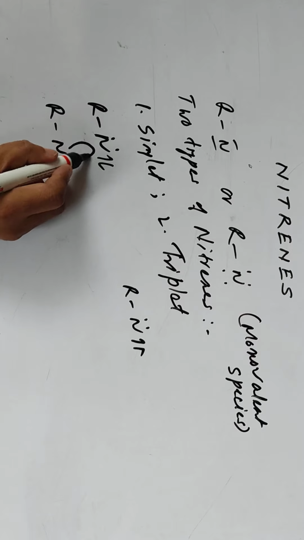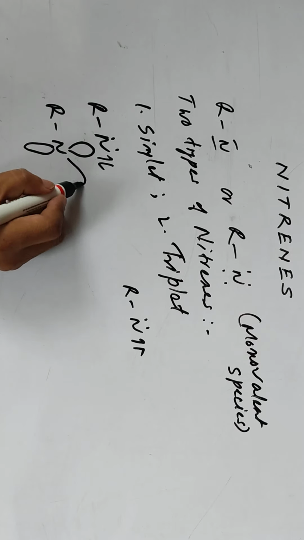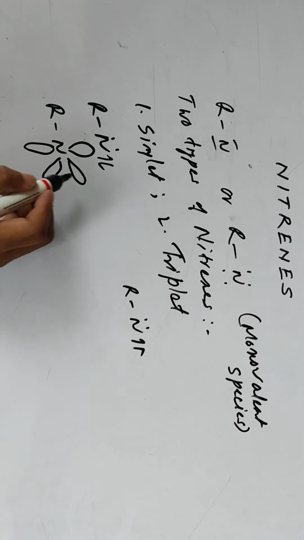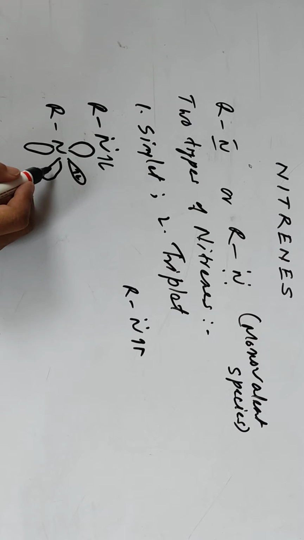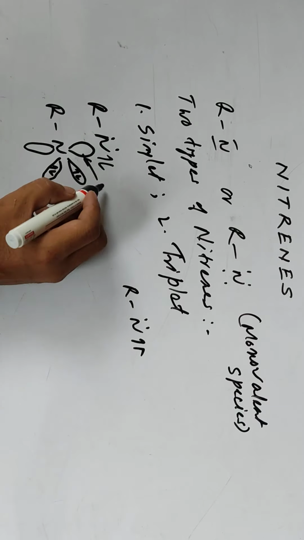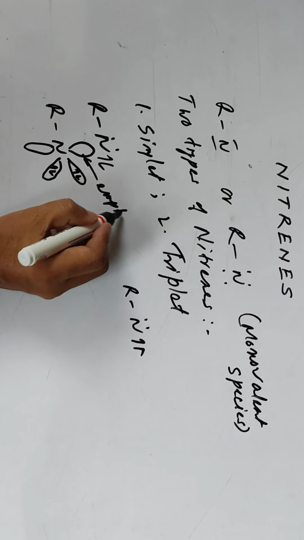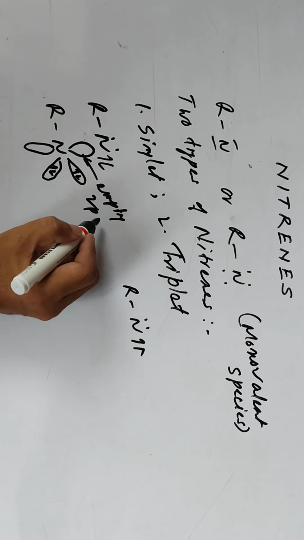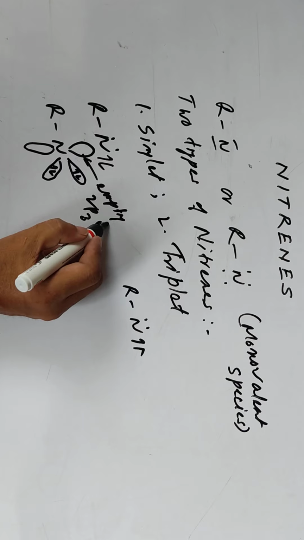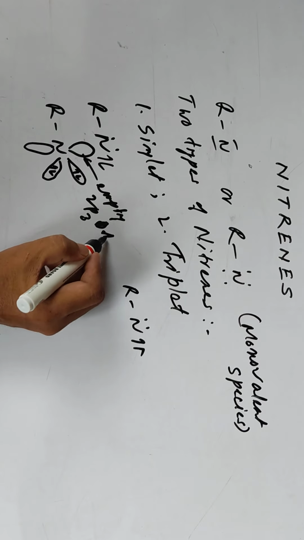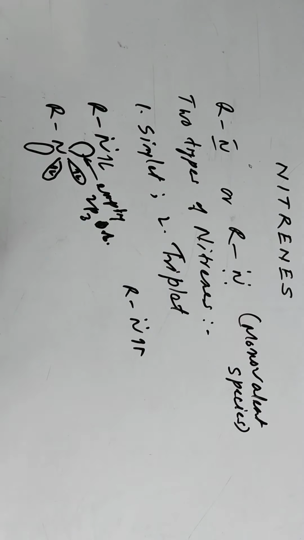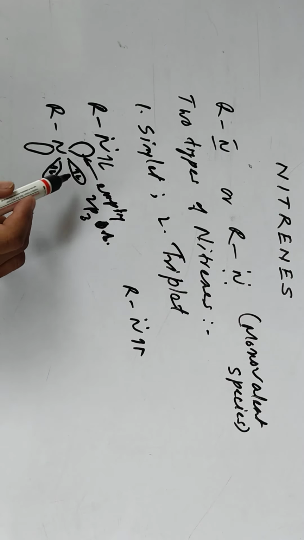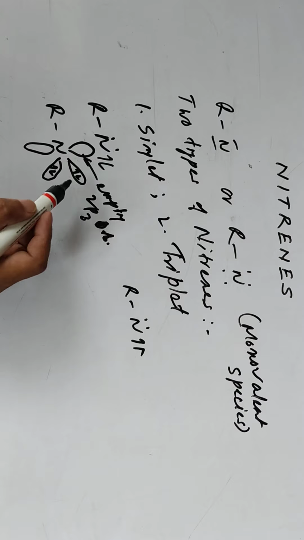This is the empty orbital, and this is sp2. Here both are paired. This is the singlet, with an empty 2pz atomic orbital.